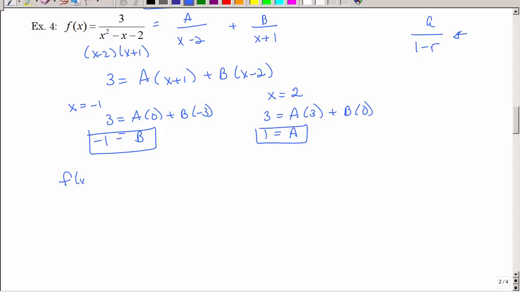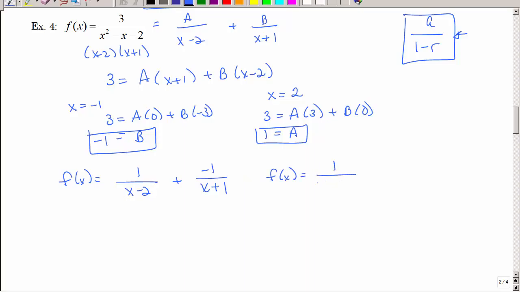So my function could be written as a over x minus 2 plus b over x plus 1. Now those two fractions certainly could be in that format if they are not already. So I would have f of x equals to 1 over negative 2 plus x.